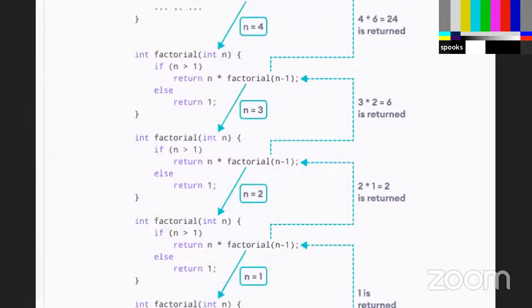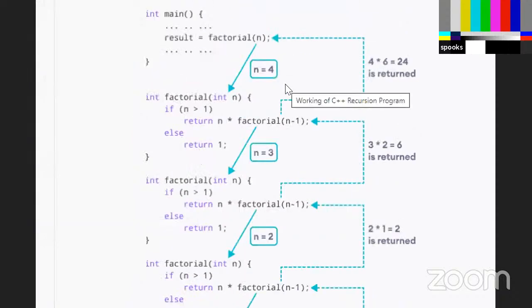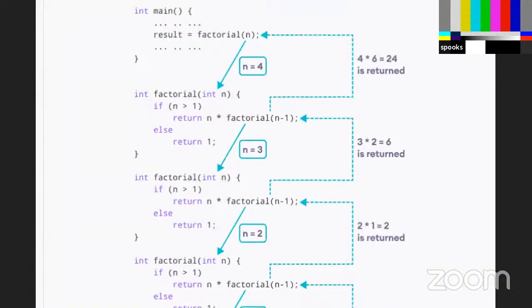So let me just display one last thing, then I shall let you guys go because I have a meeting just now. This is just an explanation of how the factorial program works.